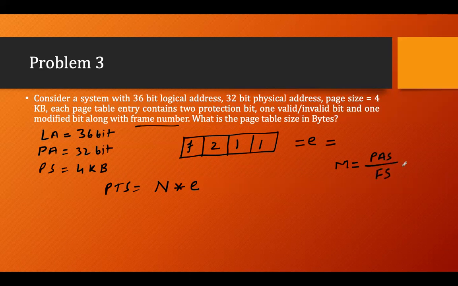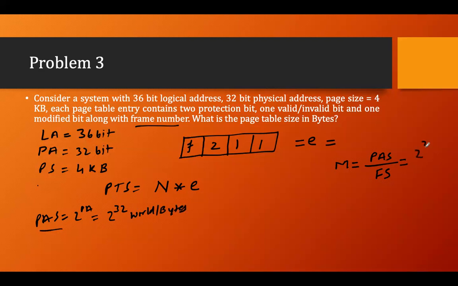The physical address space is calculated as 2 to the power of the physical address, that is 2 to the power of 32 bytes.